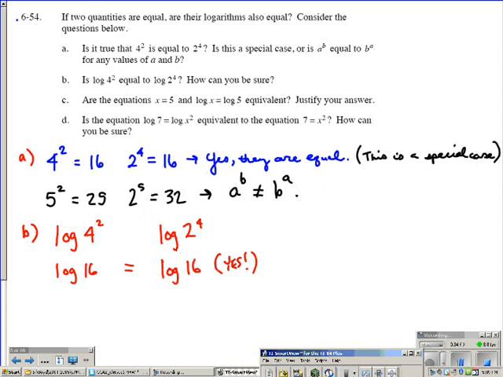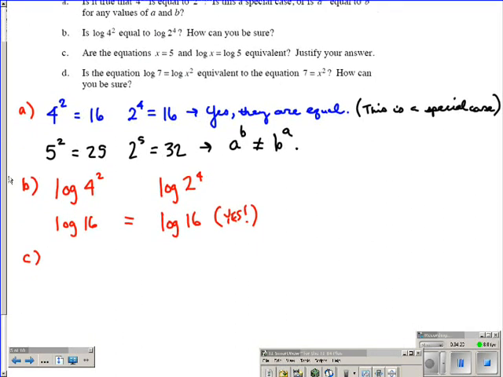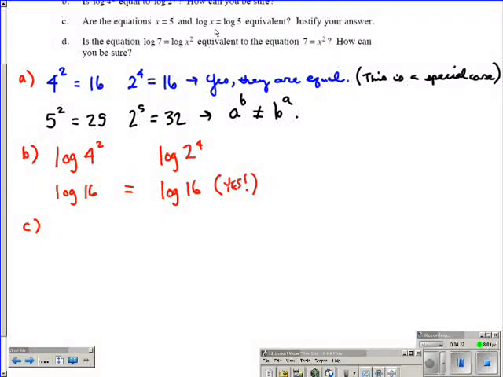Let's look at letter C. Are the equations x equals 5 and log of x equals log of 5 equivalent? Justify your answer. Well, if I look at my first equation, x equals 5, what's the solution to this?